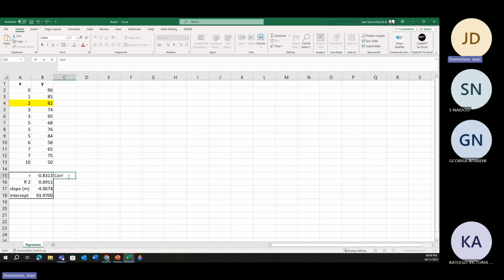So let me also note the correlation coefficient and the coefficient of determination.